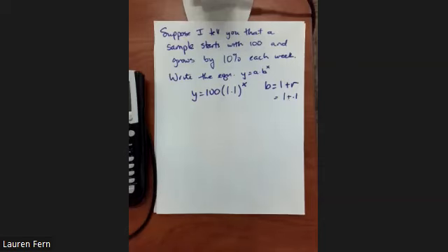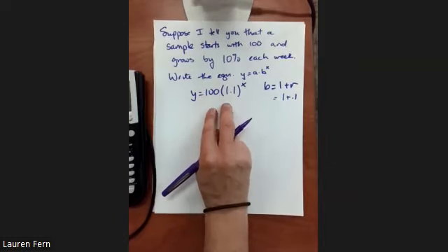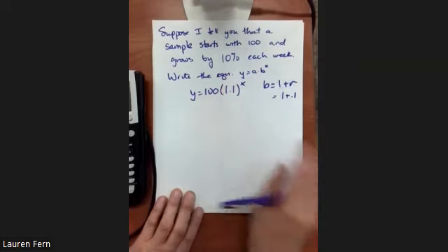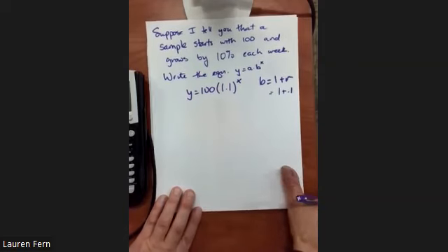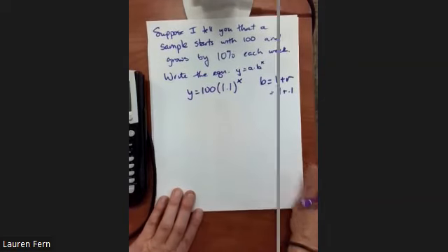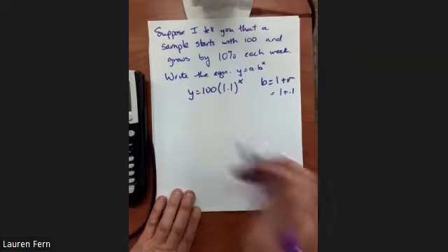Now, this is great. What I'm looking at here is a formula that takes into account my weekly growth rate. I could have done daily. I could have done yearly. I just chose a week.